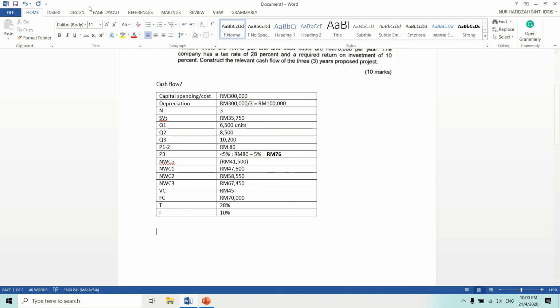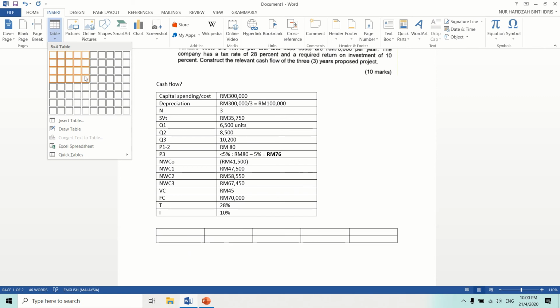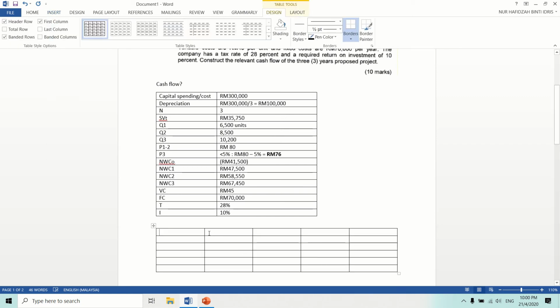The important thing in the project cash flow is that we will have 3 years: year 0, the current year, then year 1, year 2, and year 3.